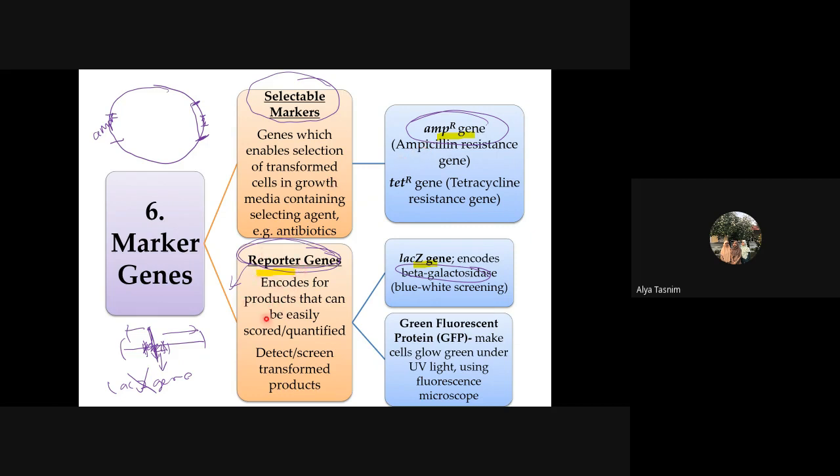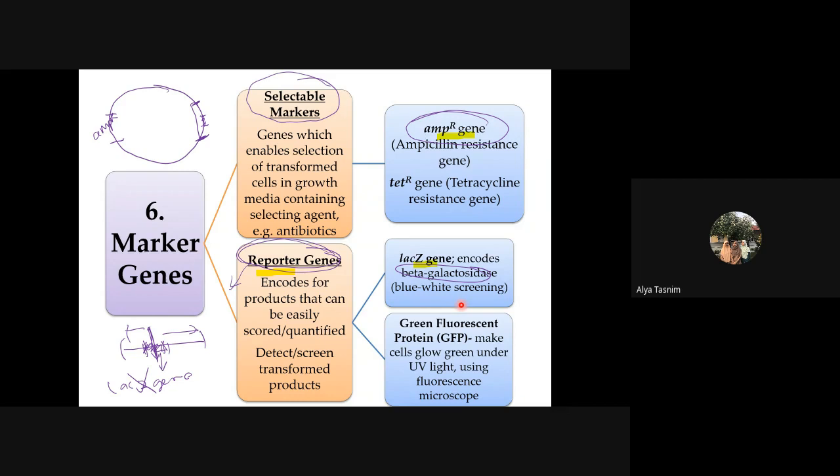So second adalah reporter genes. It encodes for product that can be easily scored or quantified. This is to detect or screen transformed products. Okay, two examples of reporter gene are lacZ gene, and the other one is green fluorescent protein. Like lacZ gene ni contohnya pada plasmid bacteria tu lah kan. So dia ada lacZ gene which is to produce enzyme beta galactosidase for blue white screening.